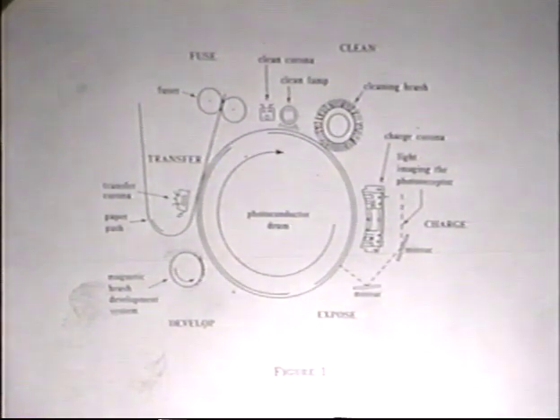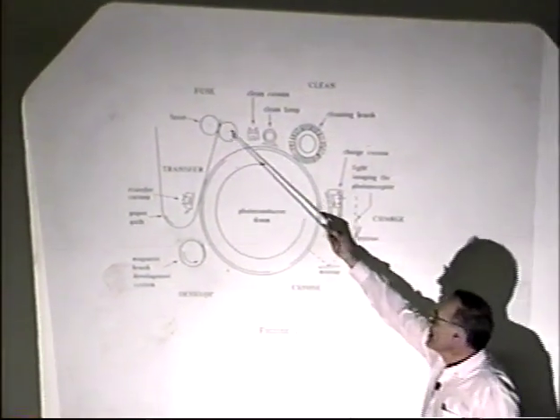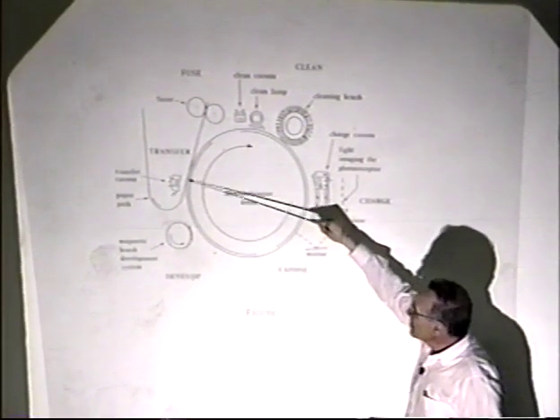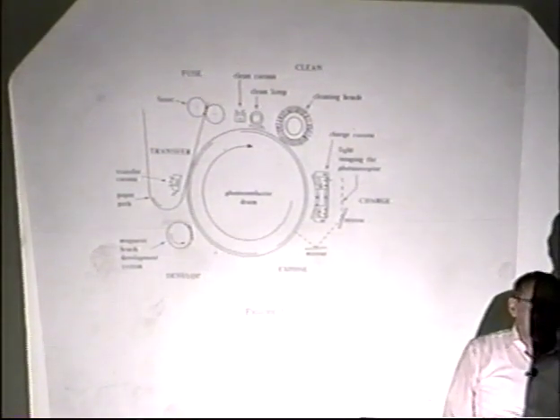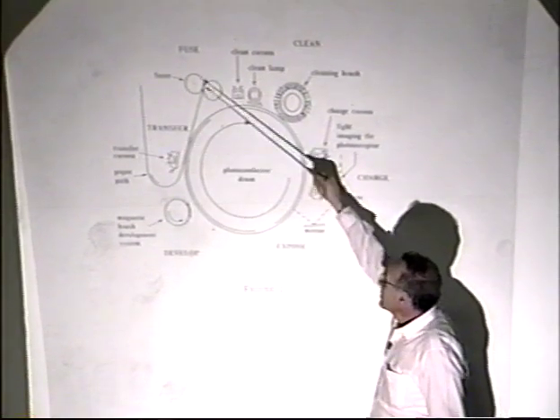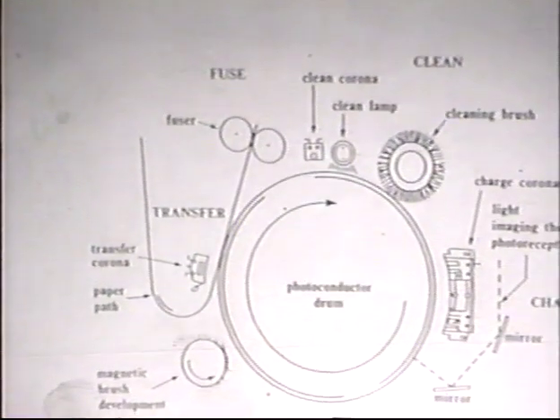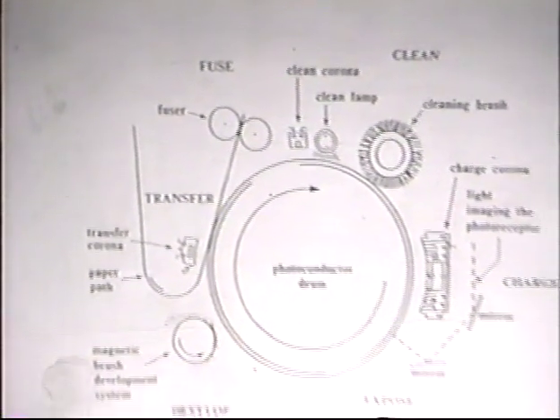So the fuser sort of pushes, and the stuff here, a little bit wet maybe, goes onto the paper, goes through a fuser, and then it sticks permanently to the paper. You get a warm paper, as you know. In very good Xerox machines, the only way to tell which is the original is by seeing which one is warm.